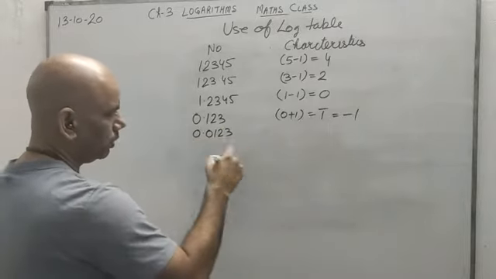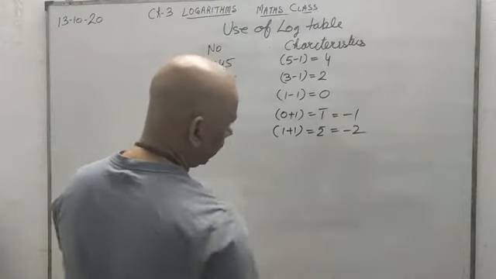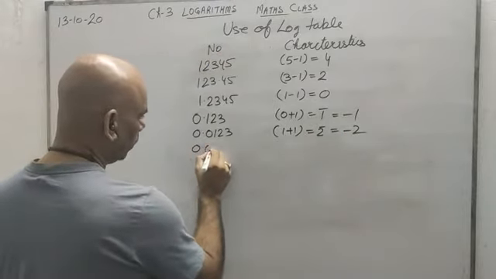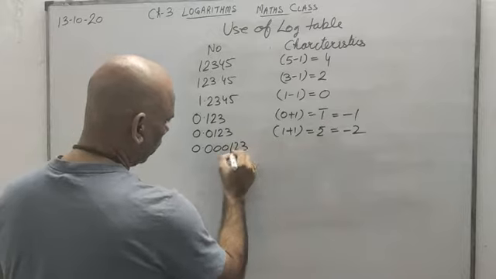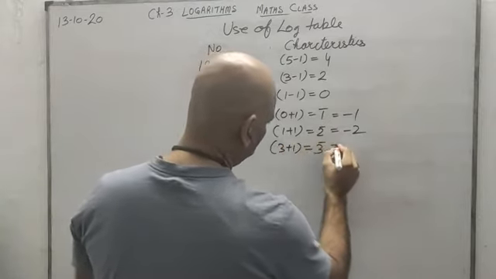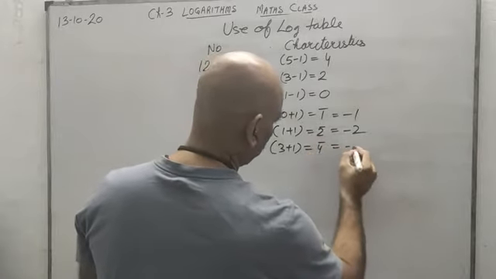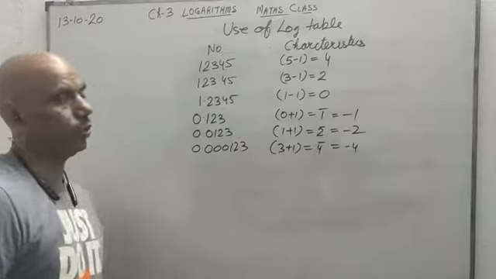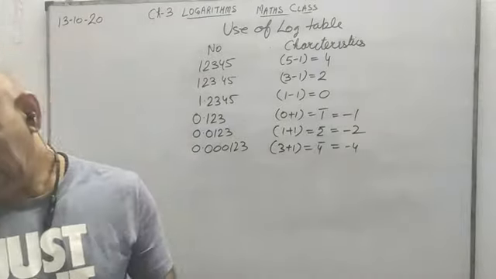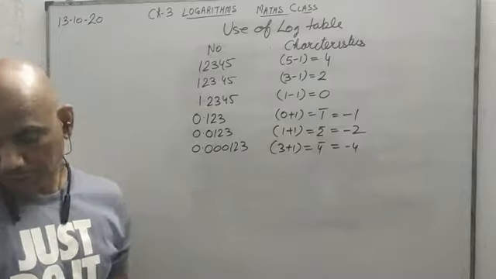Now the number of zeros is 1, so 1 plus 1, that is 2 bar or negative 2. 0.000123. So 3 zeros are there. 3 plus 1, sorry, 3 plus 1 is 4. So 4 bar or negative 4. This way you will calculate the characteristic. I am very sure finding the characteristic is clear to you.